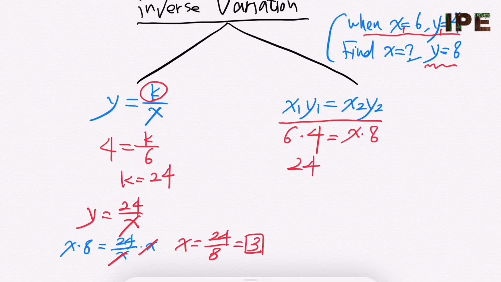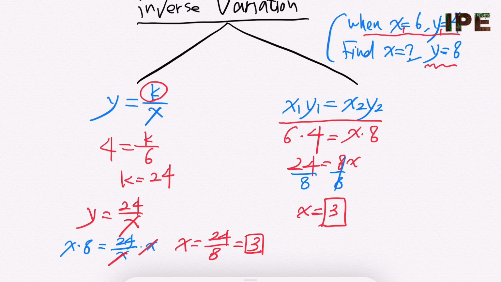So 24 is equal to 8x. Then you can divide both sides by 8 and find the x value, which is 3. Okay, so you can use both ways for direct variation problems and inverse variation problems.